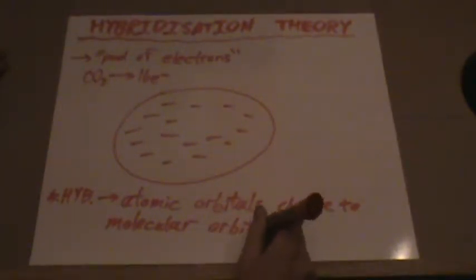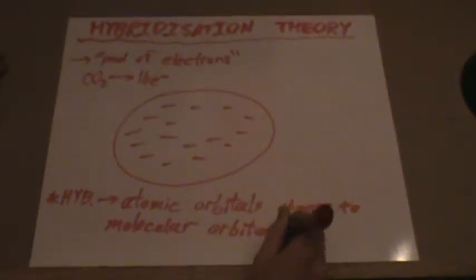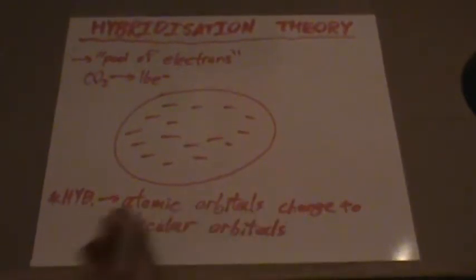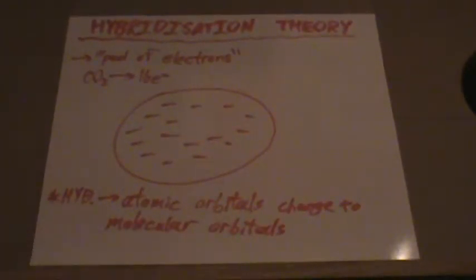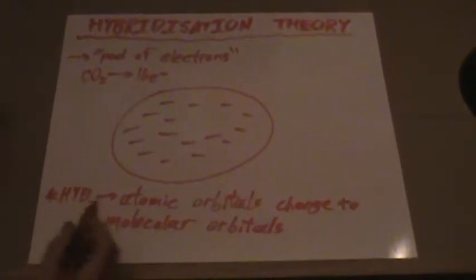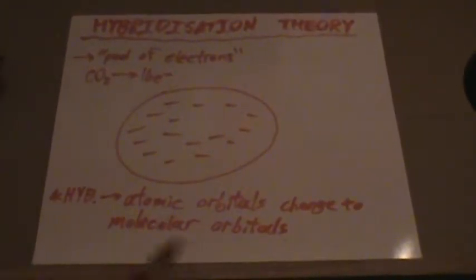And specifically, this hybridization theory really describes the process by which these atomic orbitals become molecular orbitals.